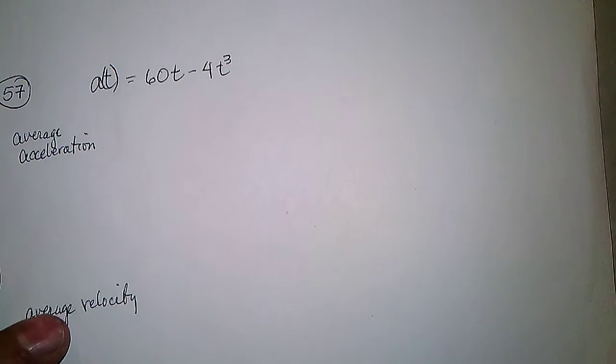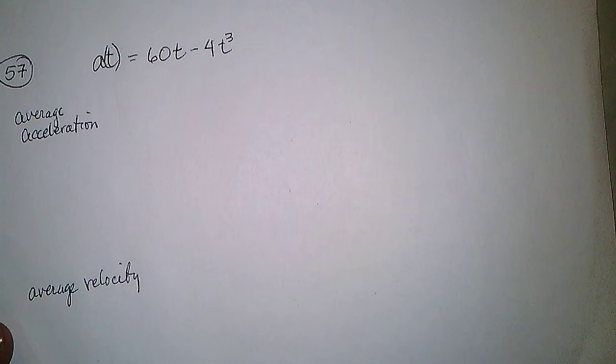Okay, 57. It said find the average acceleration. And that was over an interval, and I forgot what the interval was here.